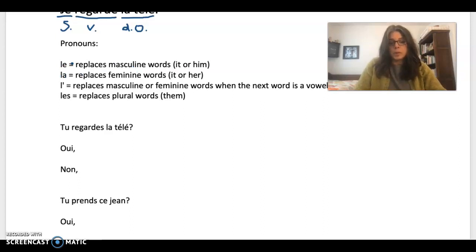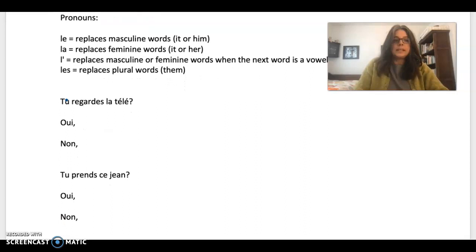That's the direct object pronoun. If it's feminine, it's la. If the next word starts with a vowel, we're going to use l apostrophe, just like we would if it was a definite article. And the plural direct object pronoun is les, right? And that means them.